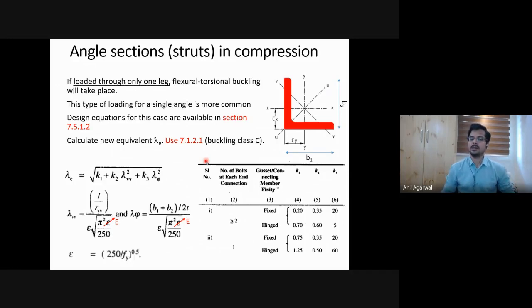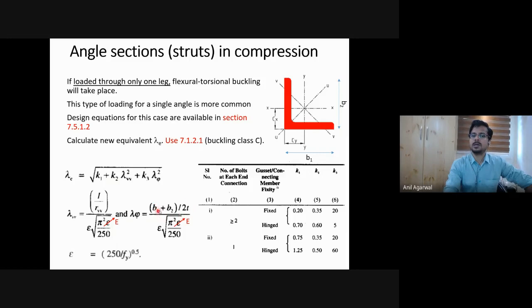Okay, and that lambda is modified in such a way that it incorporates the flexural component as well as the torsional component. So if you see the equation of lambda in this case, it is not regular lambda, it is lambda E, which has terms of some constant which depends on the boundary conditions, some other constant multiplied by lambda VV square, which is the flexural term, lambda flexural. And here there is another lambda, which is lambda torsional, lambda phi. If you look at the expression for lambda phi, you see some terms which are associated with torsion.